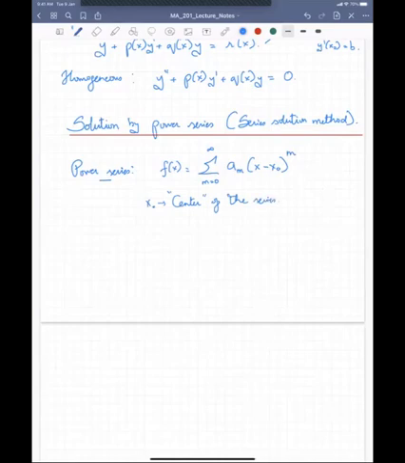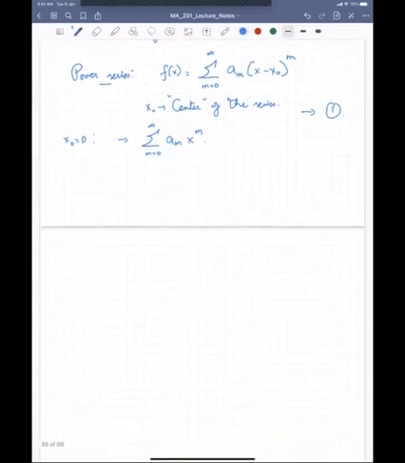In many cases, we will be looking at expansions around x0 equals 0, in which case this becomes the sum from m equals 0 to infinity of a_m x to the m. Okay, so let's call this equation 1. So you've seen many examples of this sort, and I don't want to belabor this point because it might be too trivial for you.